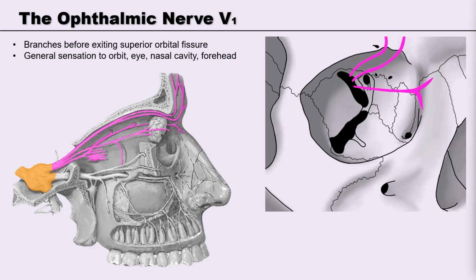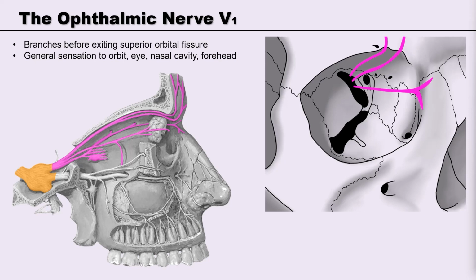Branches of the ophthalmic nerve provide the sensory supply to the structures in the orbit, including the eye itself. Note that the ophthalmic nerve does not provide the special sense of vision. This is supplied by Cranial Nerve II, the optic nerve. Some of the branches leave the orbit to supply the skin of the forehead.